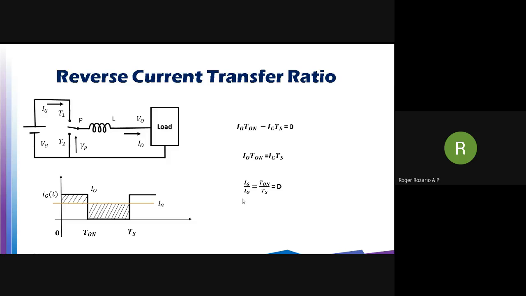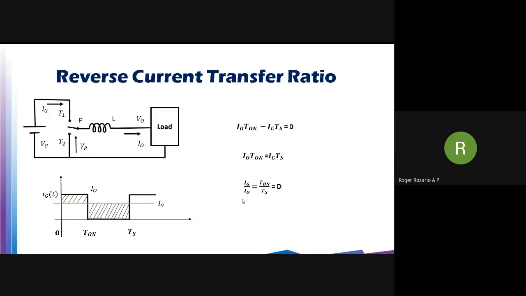The voltage gain is V0 by Vg. The current gain is I0 by Ig. It is not Ig by I0. So please do this correction. Current gain is I0 by Ig. The reverse current transfer ratio is Ig by I0. Ig is the input average current and I0 is the output current.